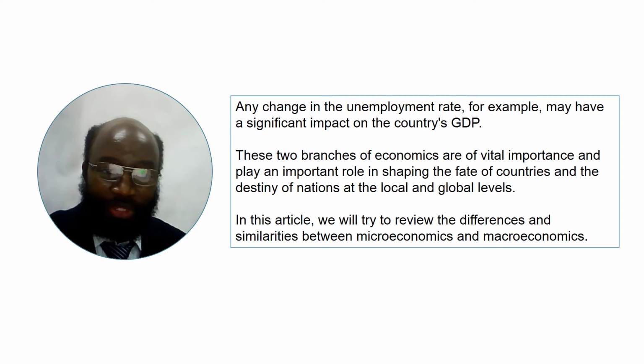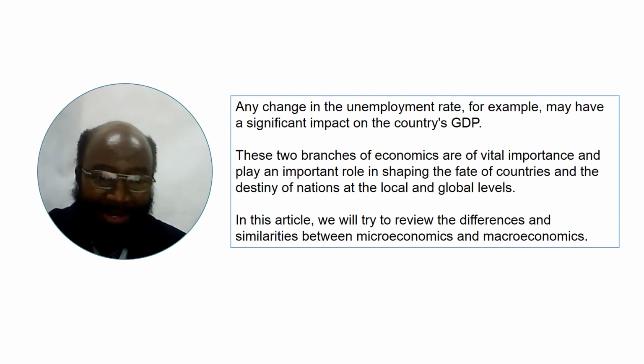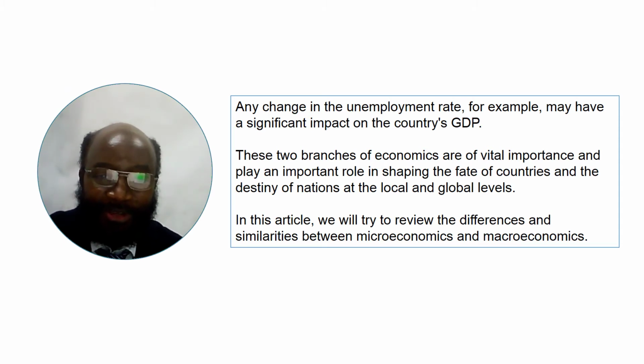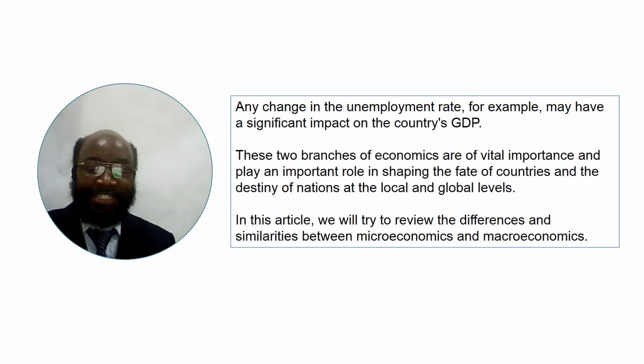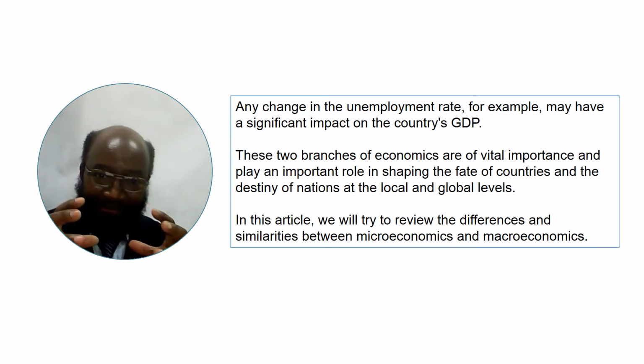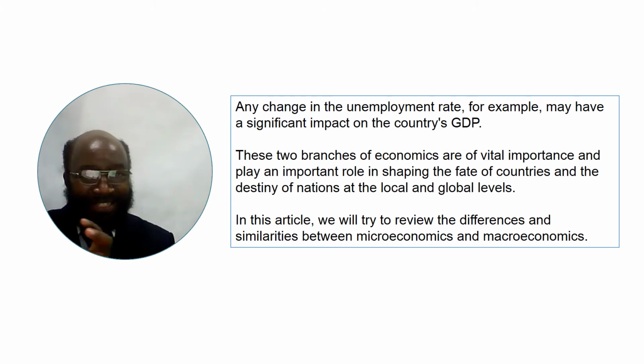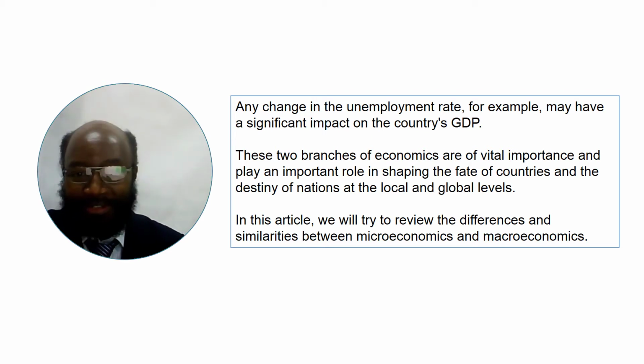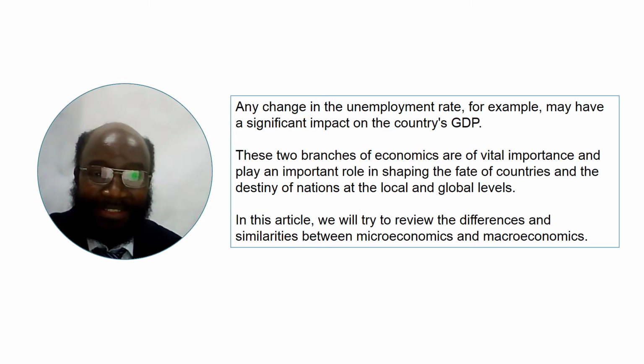But to check the amount of money created in the country, we are going to use the concept of GDP, gross domestic product. That is the quantity of goods and services produced in the country during a period of time, 1 year.